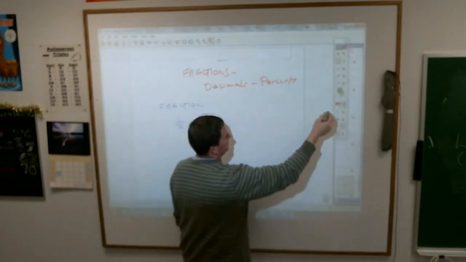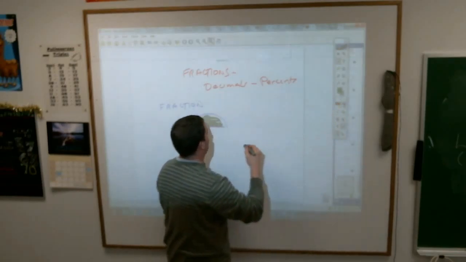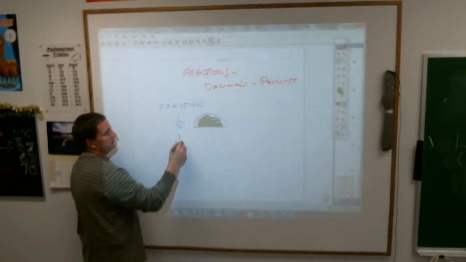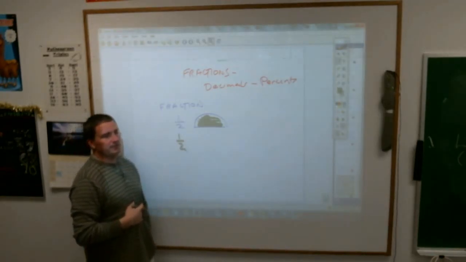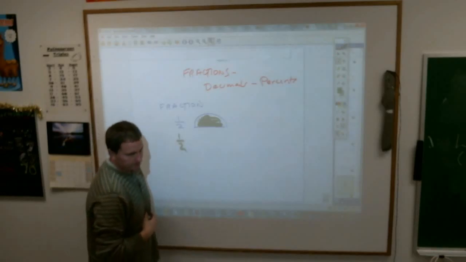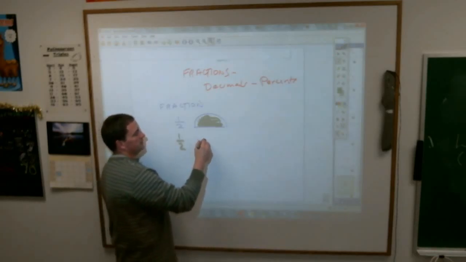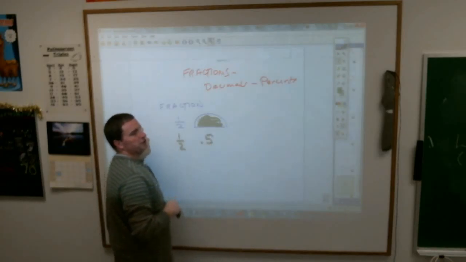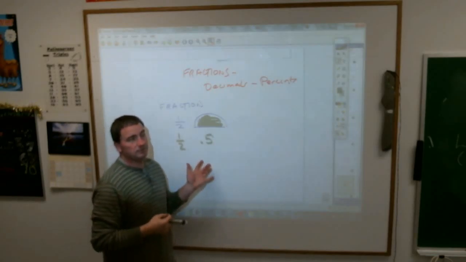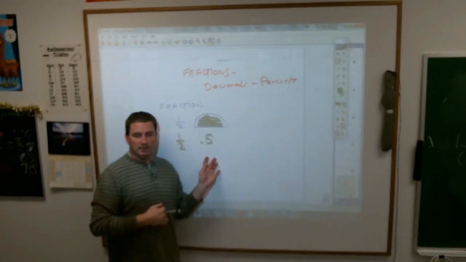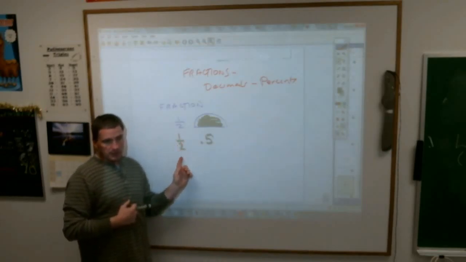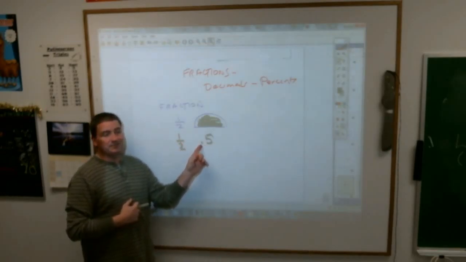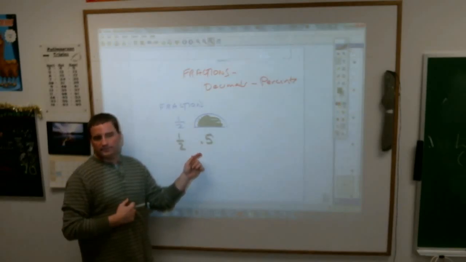On that green circle, besides it being 1/2, it also tells you what decimal is the same as 1/2. 50 cents or 0.5. And it's always good when you think about fractions and decimals to think about money, because most of us know that half of a dollar is 50 cents or 0.5.